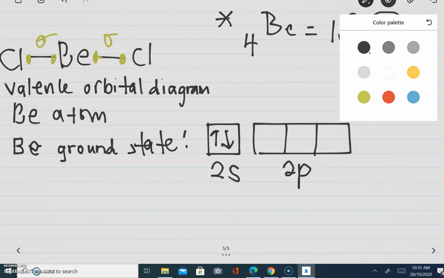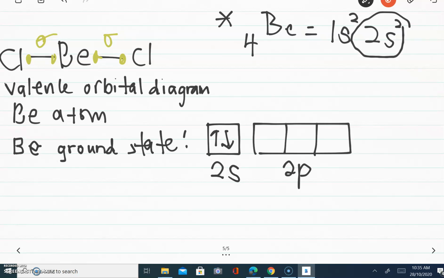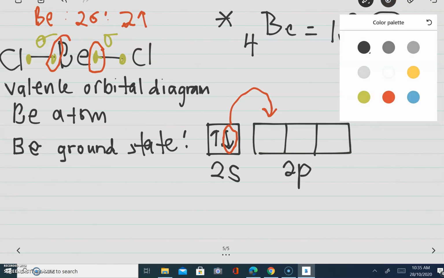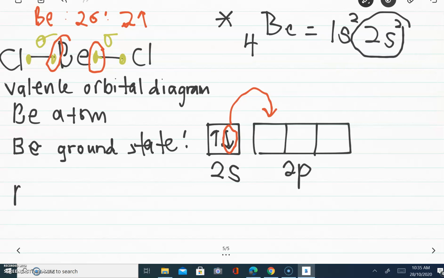So, when we transform the molecular geometry, beryllium requires 2 unpaired electrons because beryllium forms 2 sigma bonds. So what happens here, one electron of the pair in the 2s orbital will be excited into the empty p orbital, and we proceed to the next step, which we call the beryllium excited state.